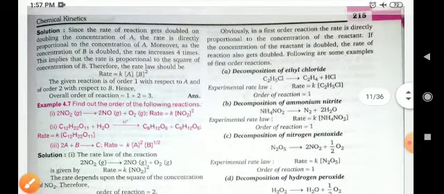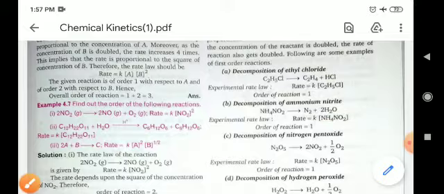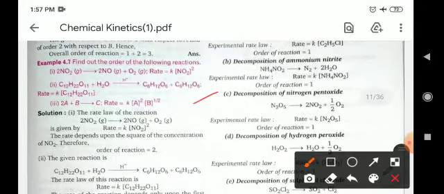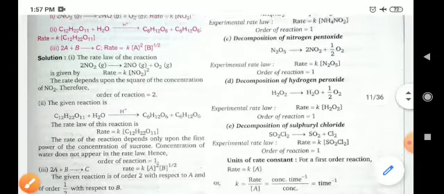Decomposition of ethyl chloride and decomposition of ammonium nitrate, the rate depends on power of 1. In this reaction also the power is 1, so it is a first order reaction. Decomposition of nitrogen pentoxide, the rate will also be k [N2O5]^1. So here are some examples of first order reaction.